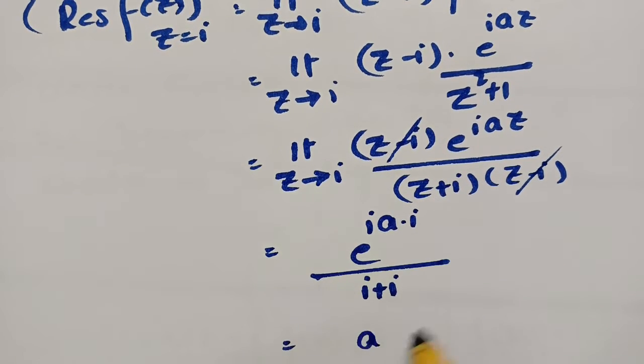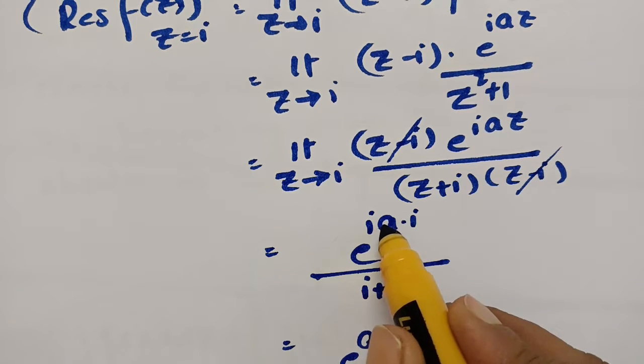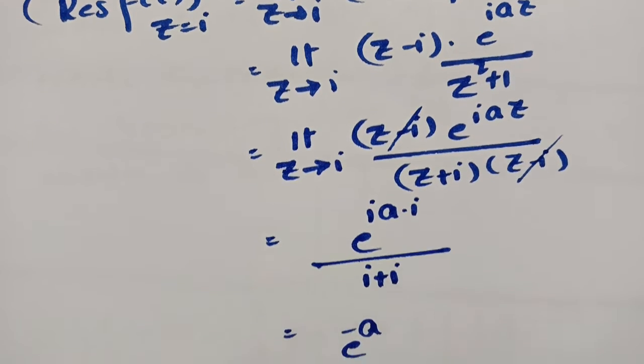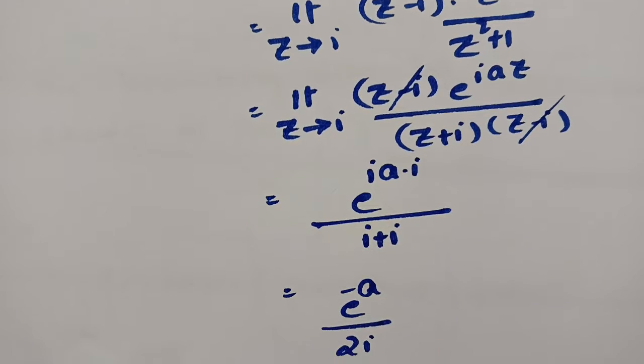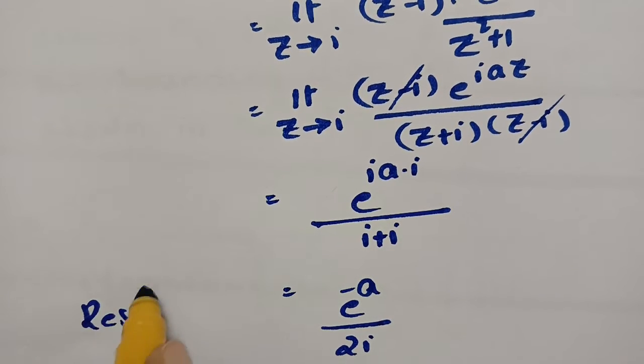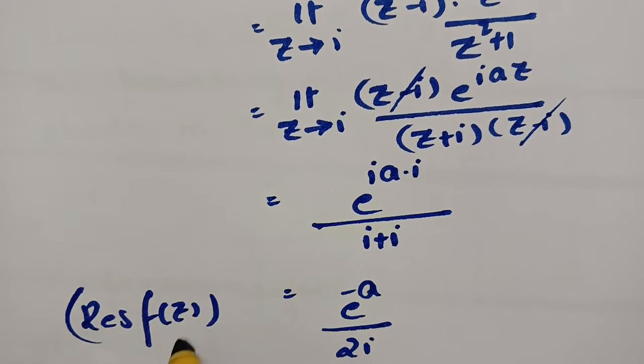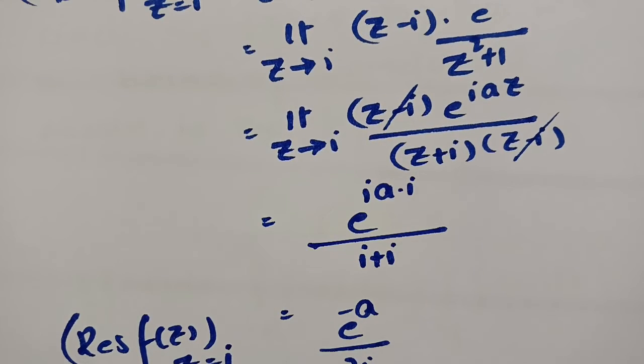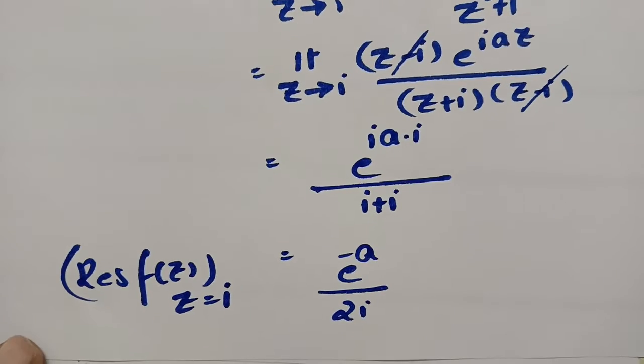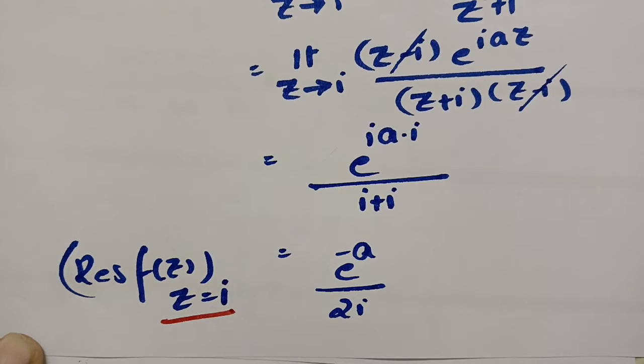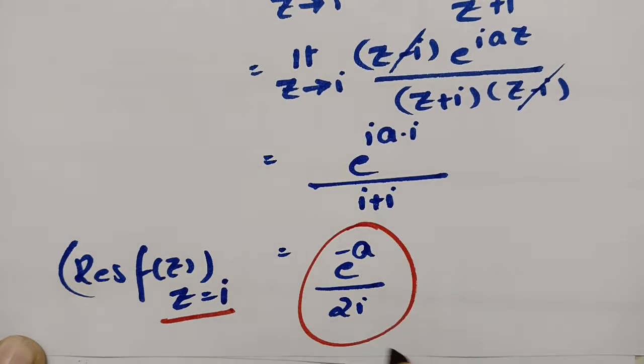As you know, a times i squared is minus a, divided by 2i. Clear? So this is the residue of f(z) for the interior pole z equal to i, which is e to the power minus a by 2i.